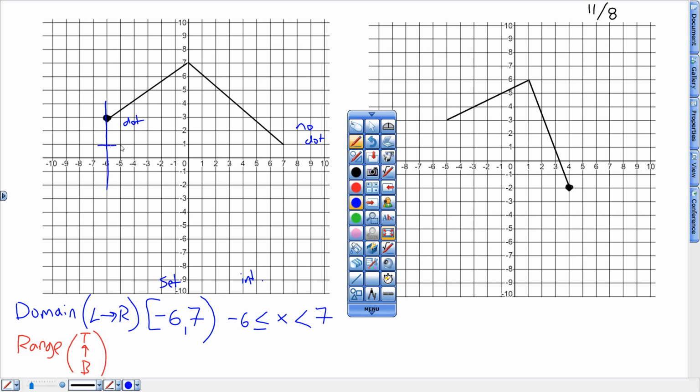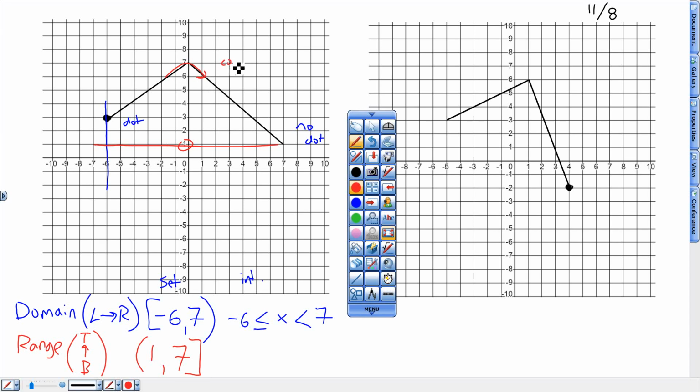Range, from bottom to top. Looks like it's slicing through right here, if I can do that in red, through 1 on the y-axis. Because there's no dot there, I'm going to do a rounded bracket on 1, up to 7. And a little change now. We're going to consider this a square part of my data because there's no break in the data right here.